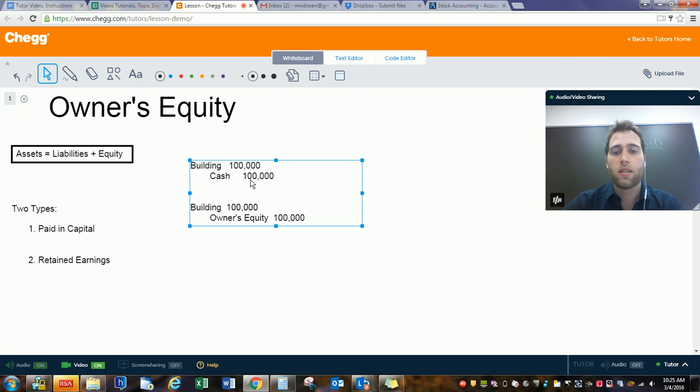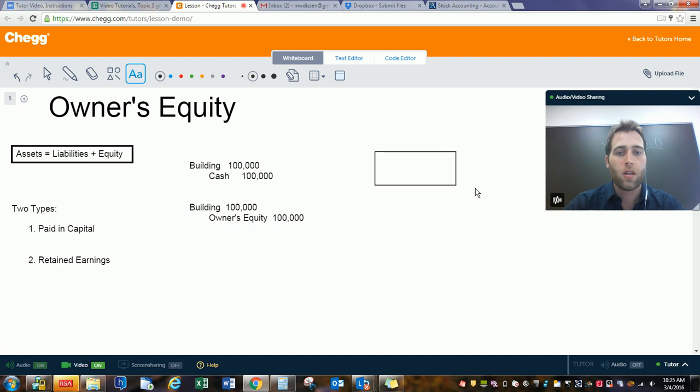As another example, let's say the company sells its stock, right? A stock owner buys $10,000 in stock from the company. They pay the company in cash $10,000 for that stock. So we're going to debit cash for the company.